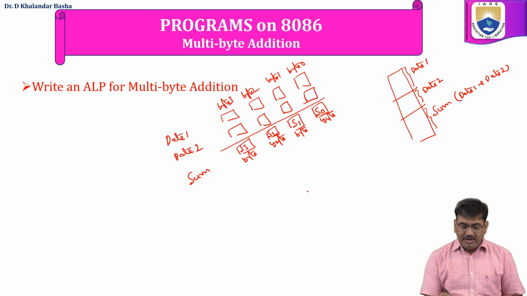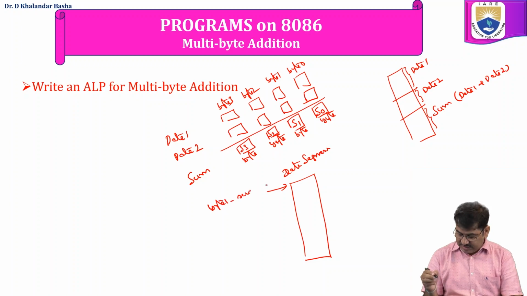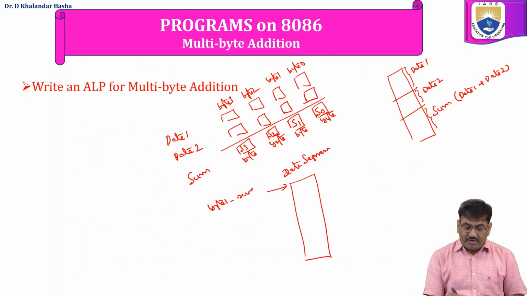So in the data segment, first we take byte 1 series. It is going to have D1 byte 0, D1 byte 1, D1 byte 2, D1 byte 3.